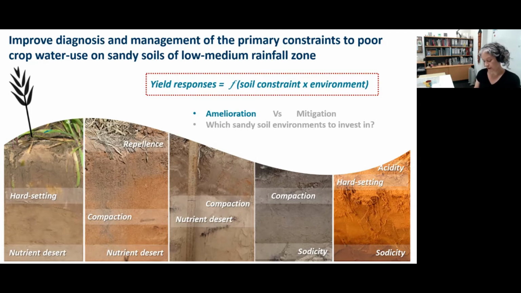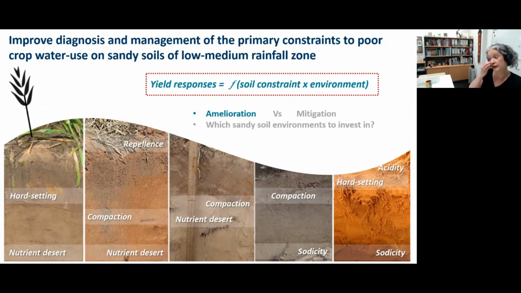So the sandy soils region across the southern region is broad, and we have a large variety of different sand types. Across these different sand types, we have a whole range of different constraints that come into play. On the surface, it might be water repellence.